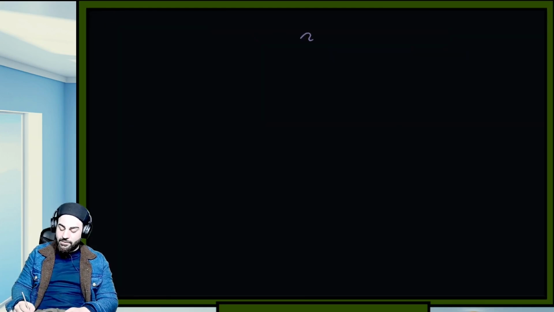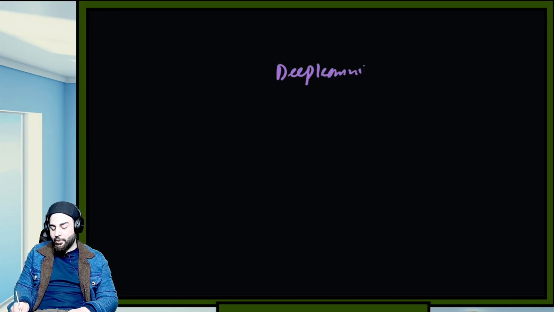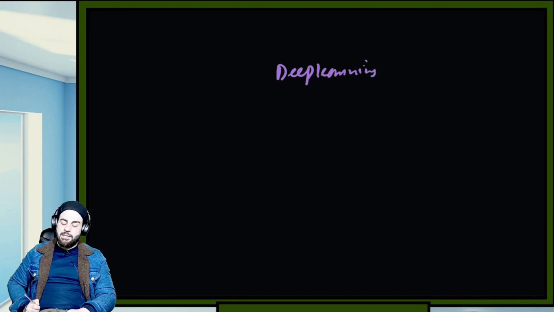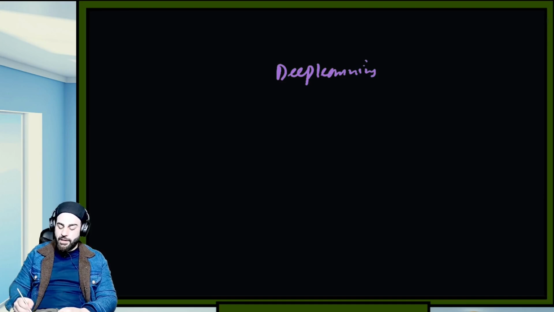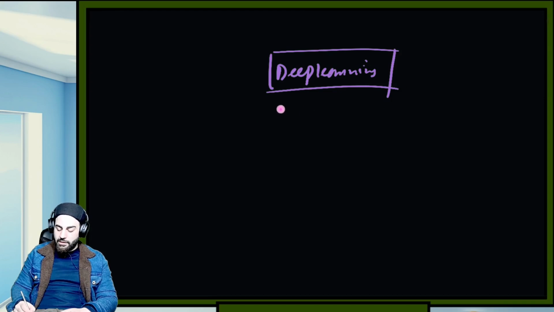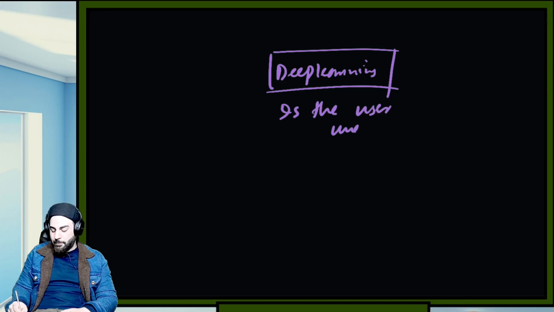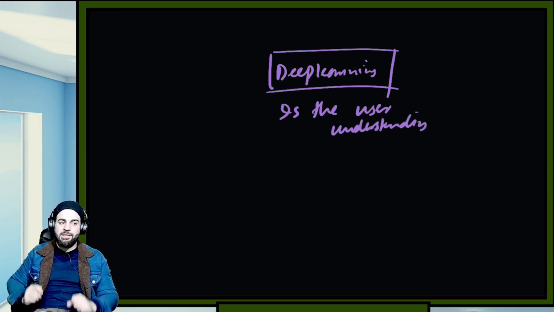So I said, let's suppose somebody is watching a video on education, let's say deep learning. Now the thing is, what should I recommend next? Based on this I can see, the question was, is the user understanding the thing? This was a question that I had to ask myself, is the user understanding?